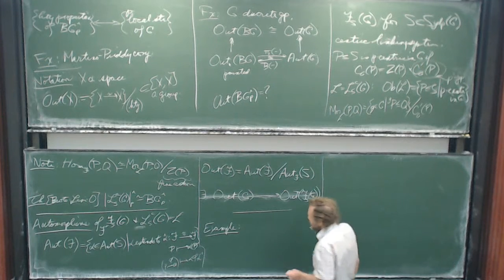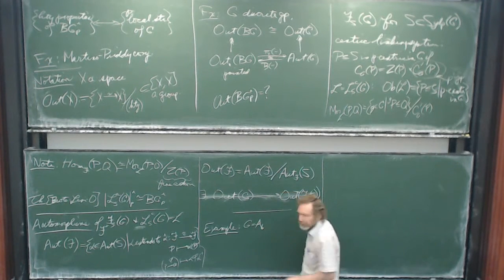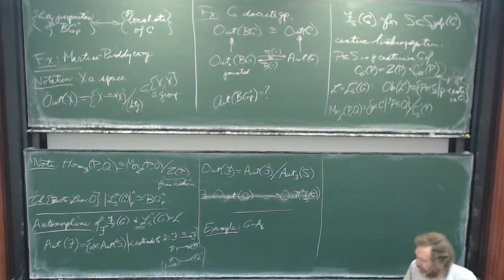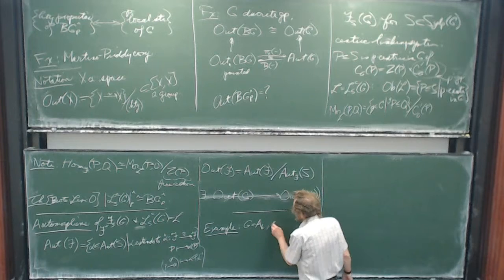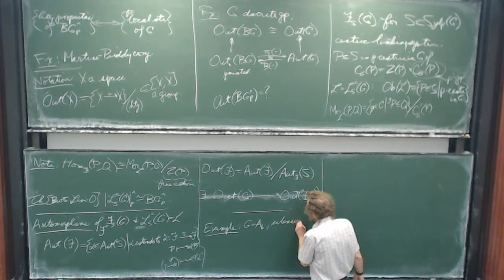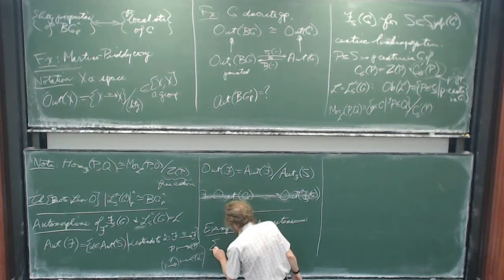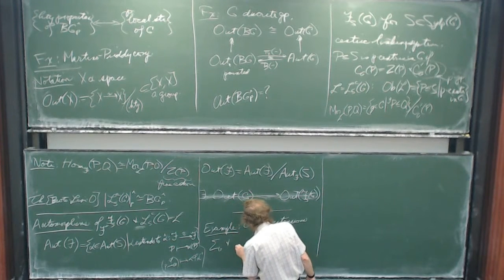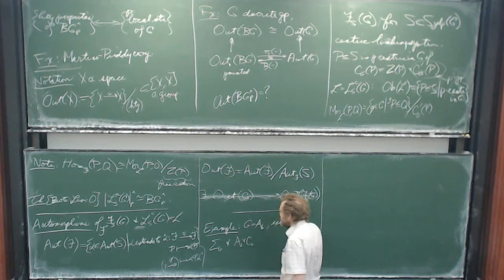So I'm looking at the case where G is the alternating group on 6 letters, A6, and we've got 2 extensions: Sigma 6 and A6 cross a group of order 2.